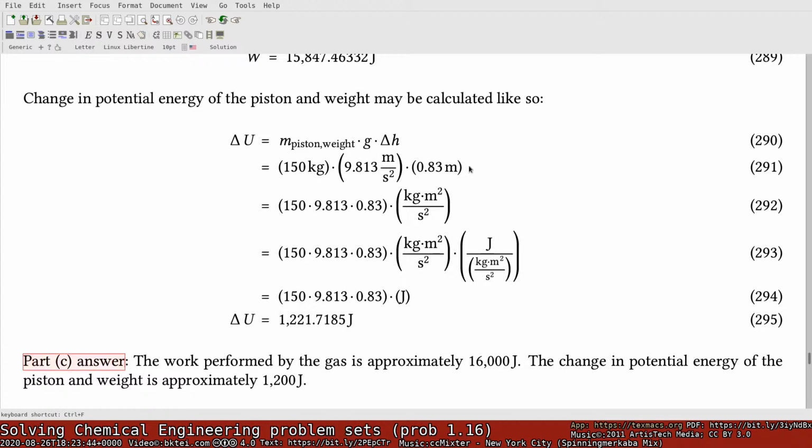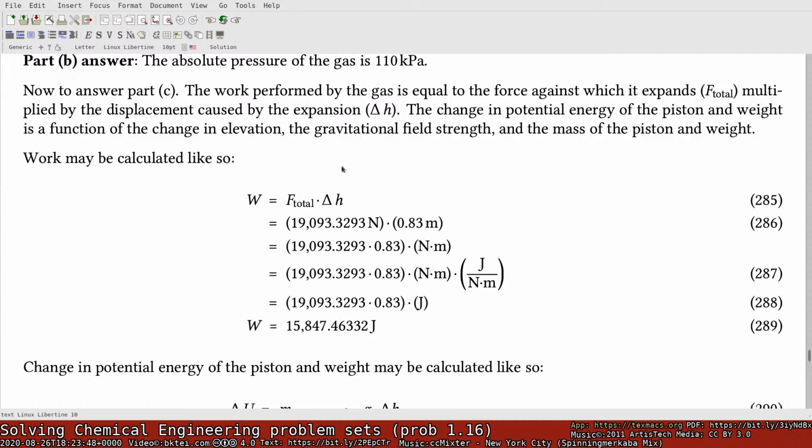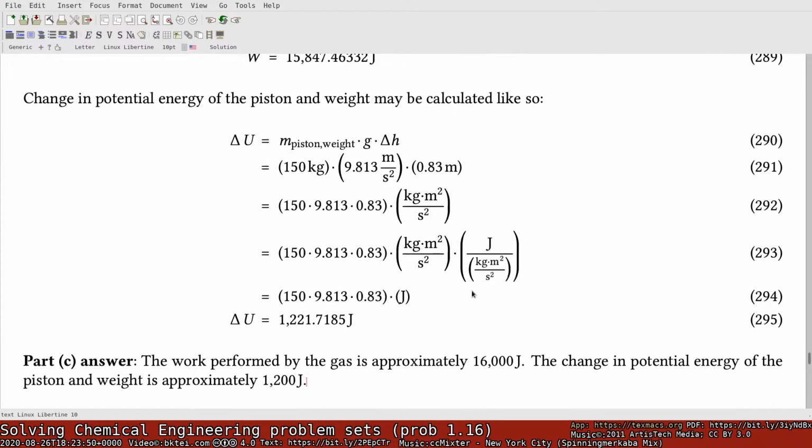Part C answer, let's bold that. All right, so that's that.